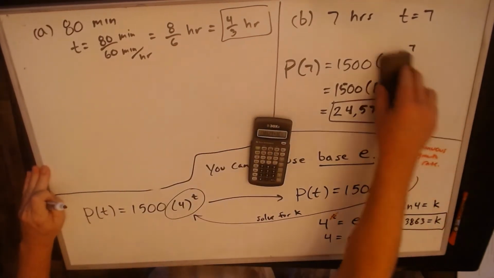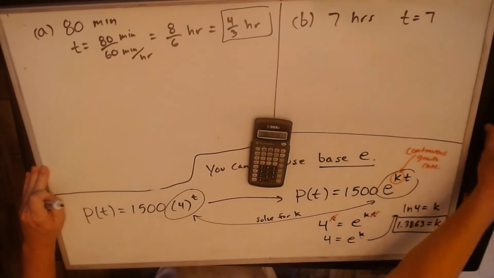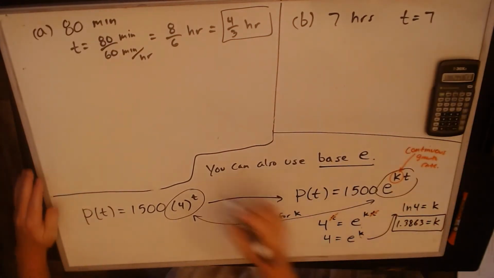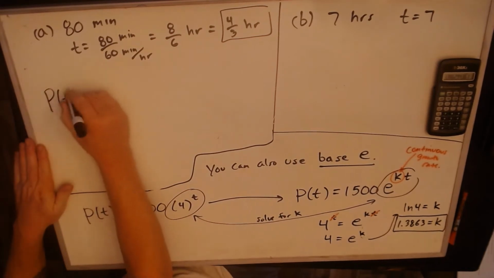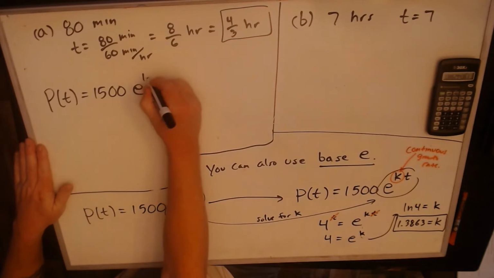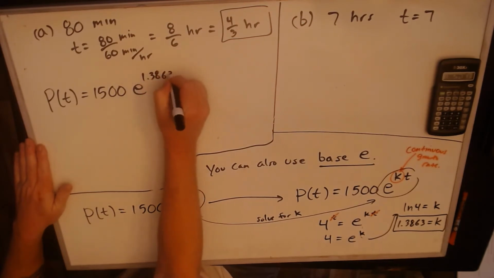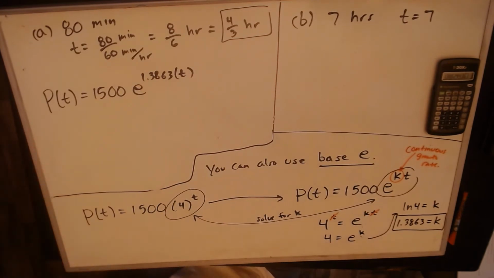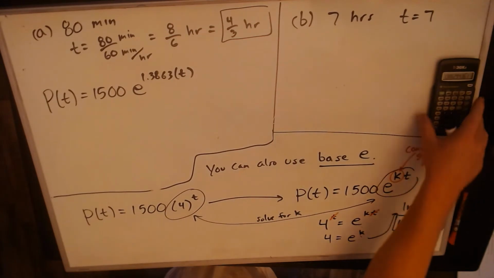You should get the same result using the continuous growth. Our model would be P of t is 1,500 cells times e to the 1.3863 times t. And we should get the same result. Let's see.